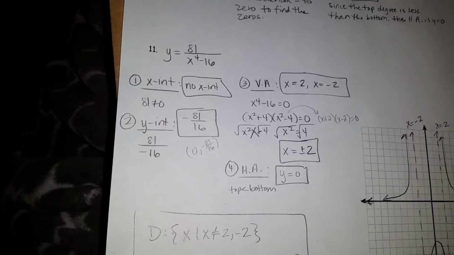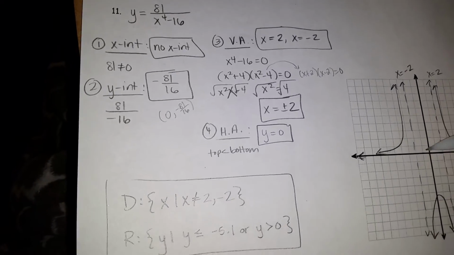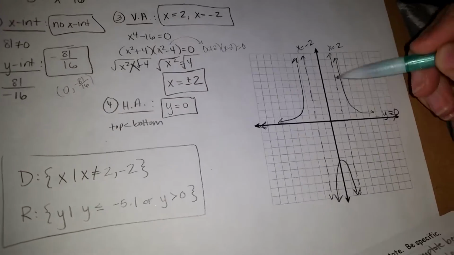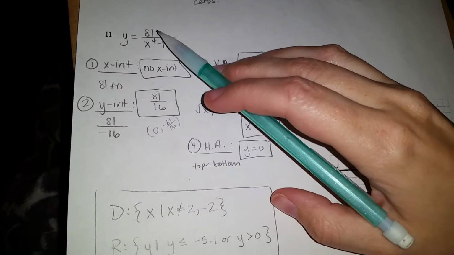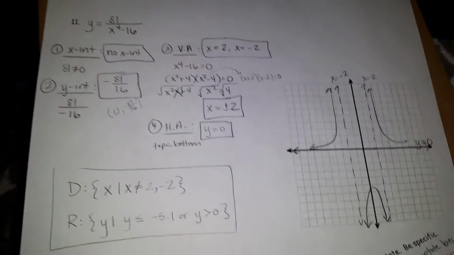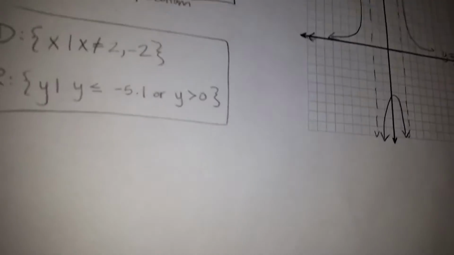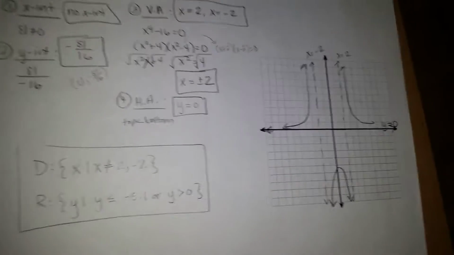Okay, and then you can use your table on your graph to make sure that you have accurate points here. So when you graph this, make sure it's 81 over, and then in parentheses, x to the 4th minus 16. And then you can use your table to find some accurate points there, which I'll go over with you.